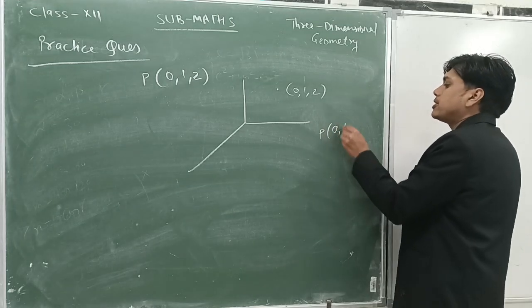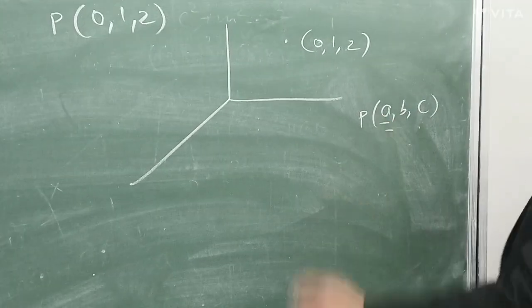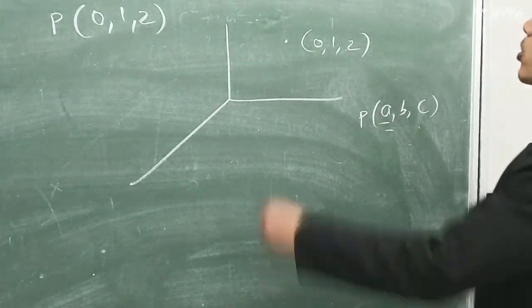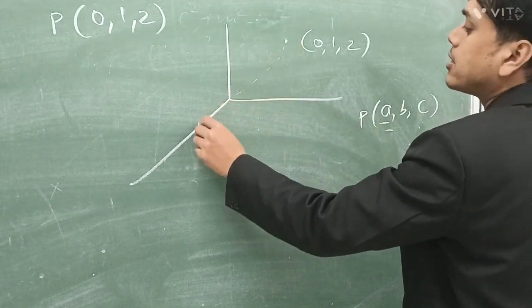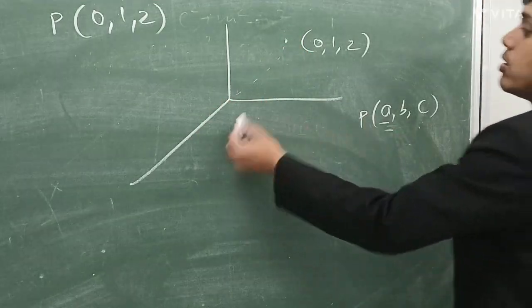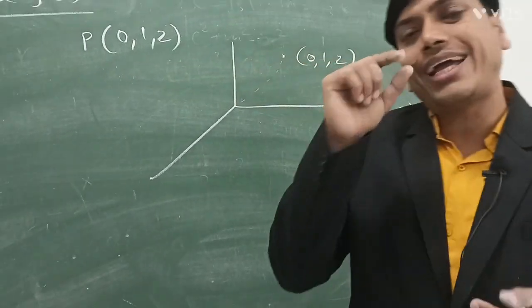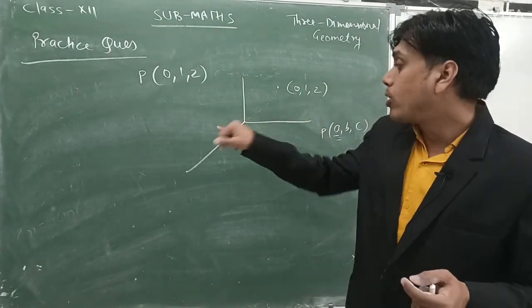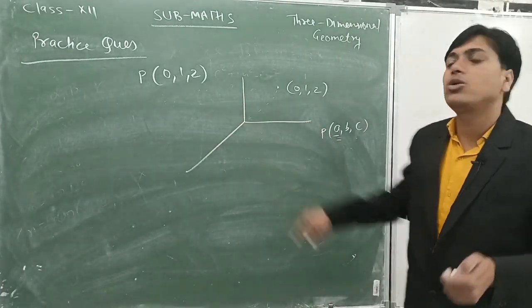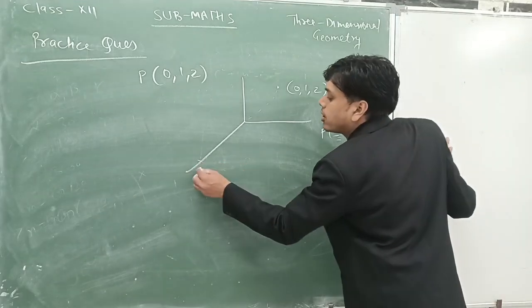Any coordinates of a point P, a, b, c, where a is the x coordinate. If we draw a perpendicular on the x axis, the direction will be the same, so the coordinate of x will be the same, but on the x axis we know that y and z are 0.